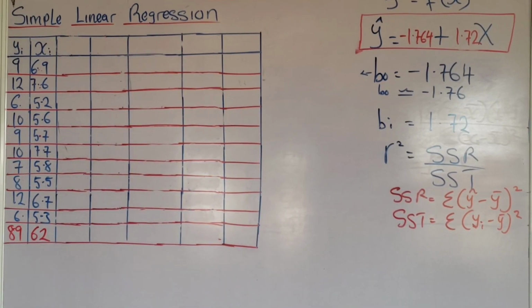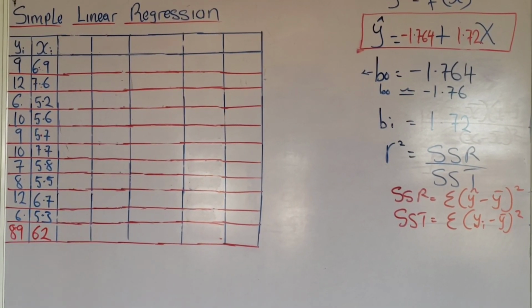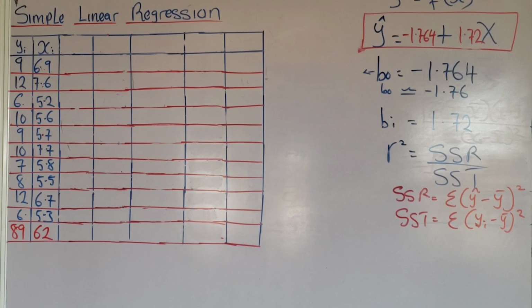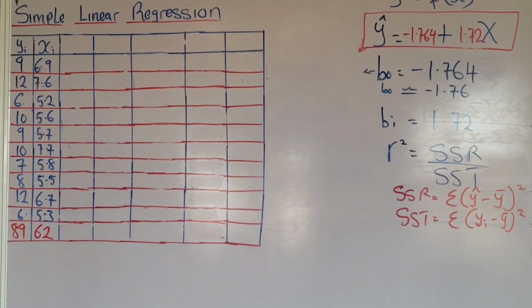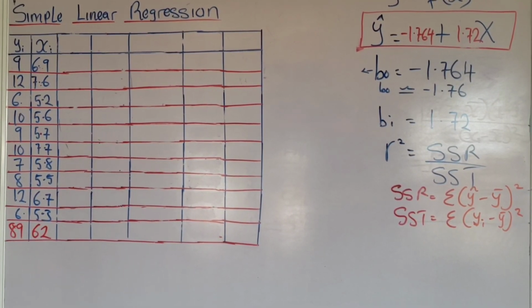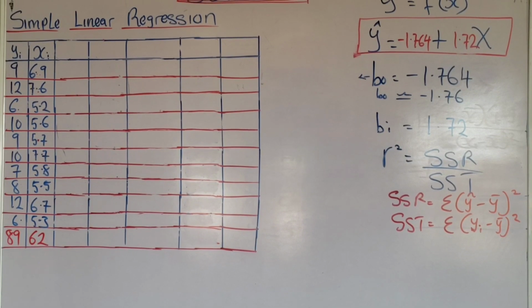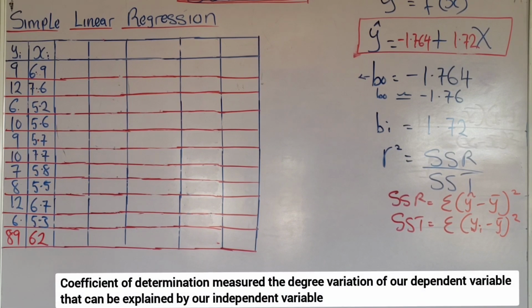So this is the table that I'm going to use to calculate my coefficient of determination. You understand? Now, I told you that in our previous class we learned that the coefficient of determination measures the degree of variability in our dependent variable that can be explained by the independent variable.